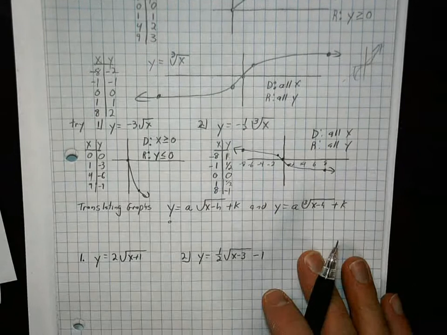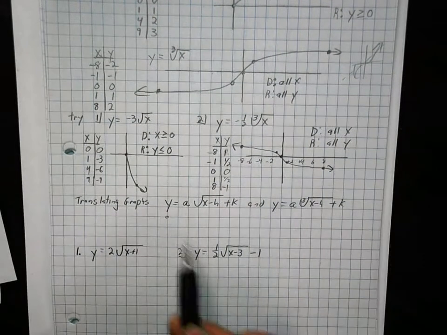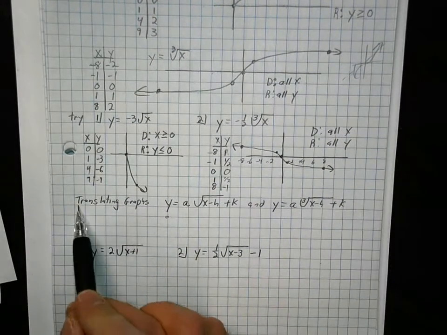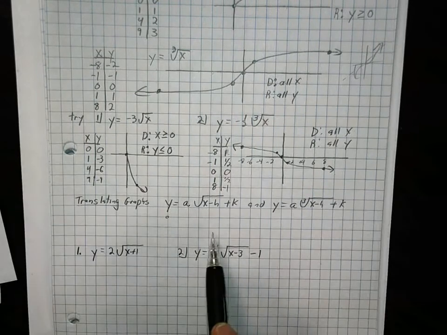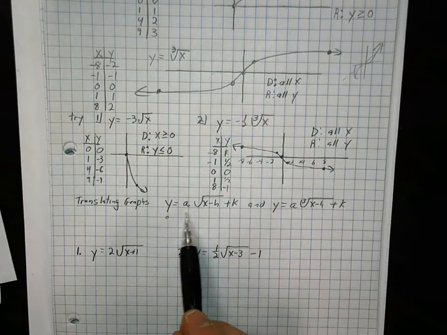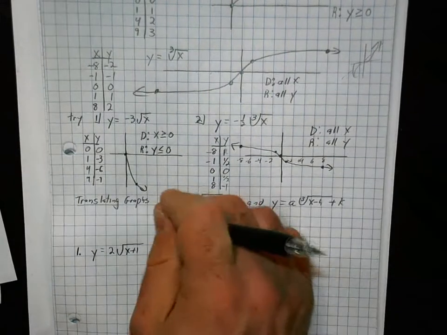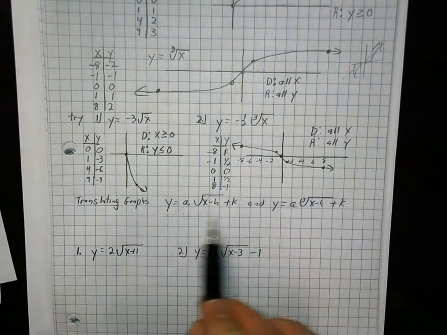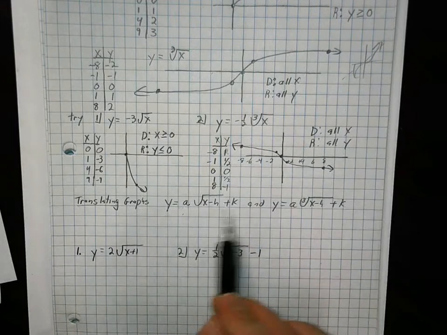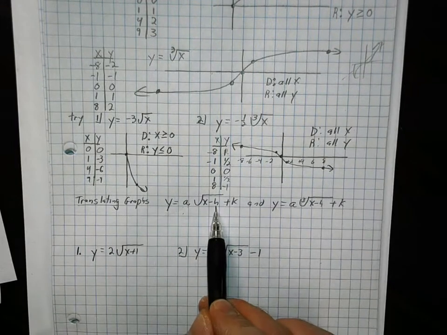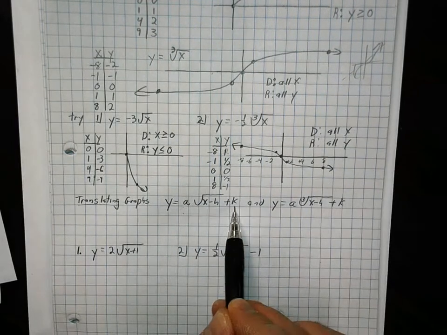Okay, let's make this a little bit more complicated. Translating graphs. Remember what that means is moving the graphs. We can move these the same as we did the parabolas, the cubics. It's got a general equation with an h and a k. Remember, the h shifts graphs horizontally, the k vertically.